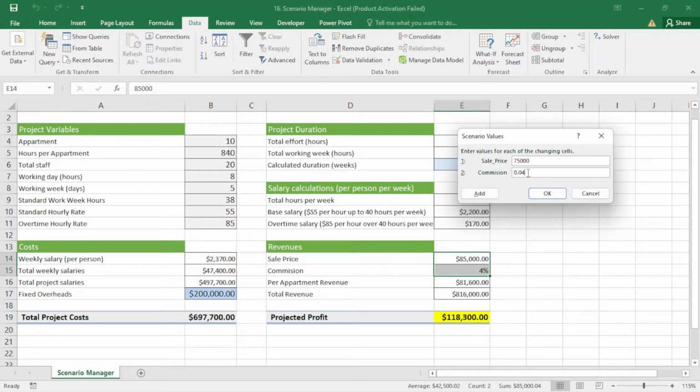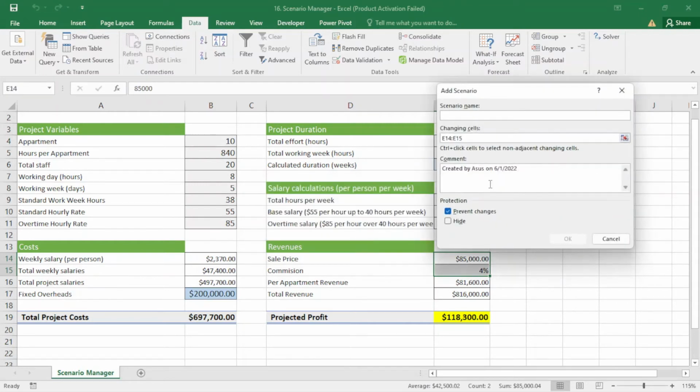I just write a formula here, equal sign 0.04 multiply by 1 minus, like 50%. It will decrease 50%. Close the bracket and add.